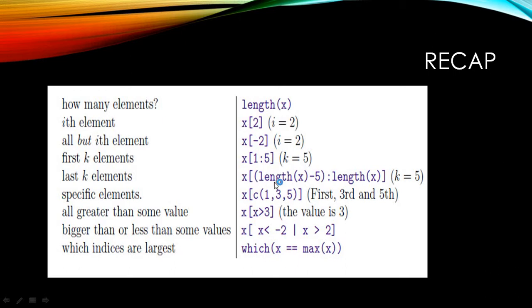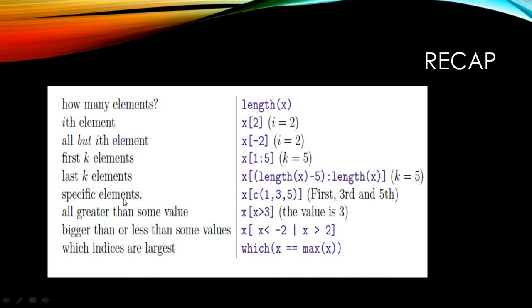Then I will write 10 minus 5. So if I'm looking for the last 5 elements, I'll write 10 minus 5, that is 5. x square bracket 5 to length of the variable x, that is 5 to 10. Okay, starting from 5 ending till 10.